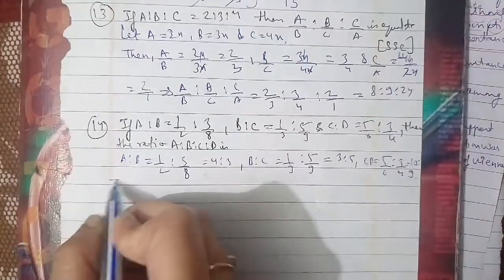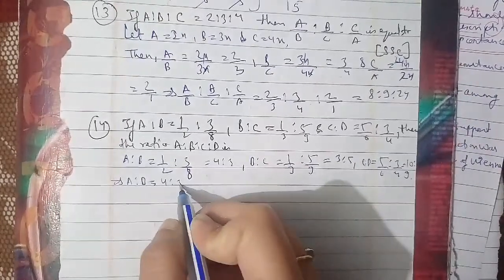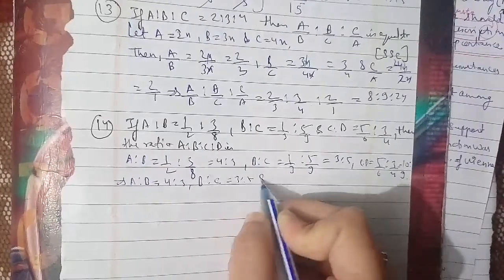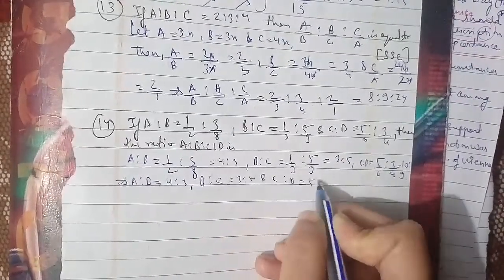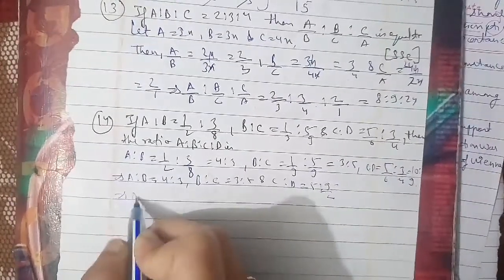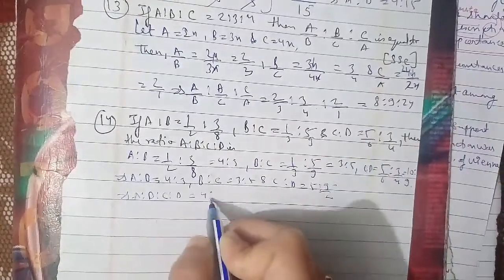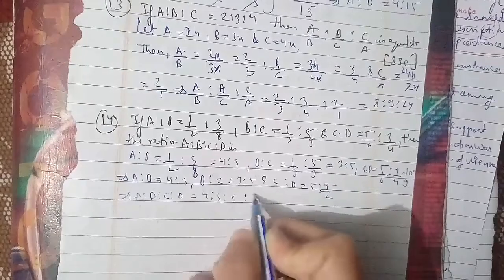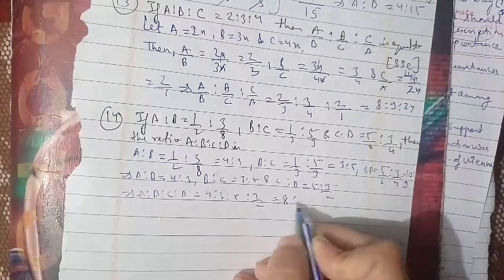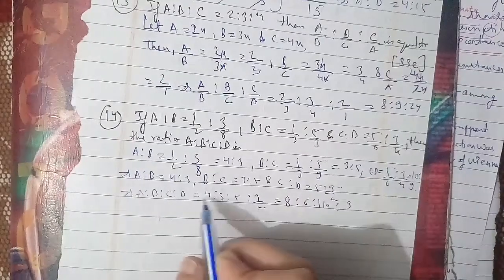B ratio C equals 3 ratio 5. And C ratio D equals 5 ratio 9 by 2. So A ratio B ratio C ratio D equals 4 ratio 3 ratio 5 ratio 9 by 2, which equals 8 ratio 6 ratio 10 ratio 9. 4 goes to 8, 3 goes to 6, 5 goes to 10, and then it will be 9. So that gives you the ratio here.